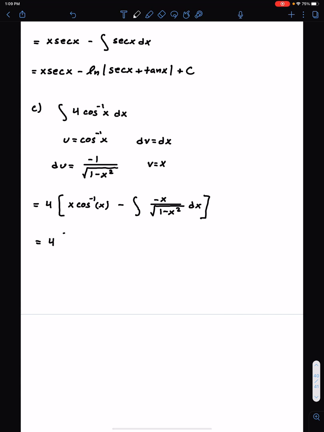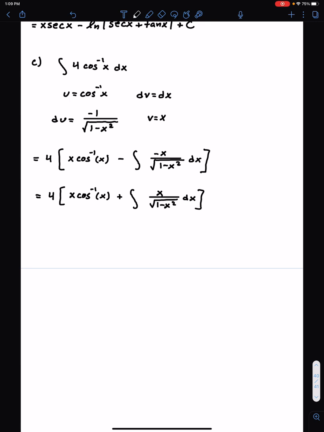So 4 times x arc cosine of x plus the integral of x over square root of 1 minus x squared dx.